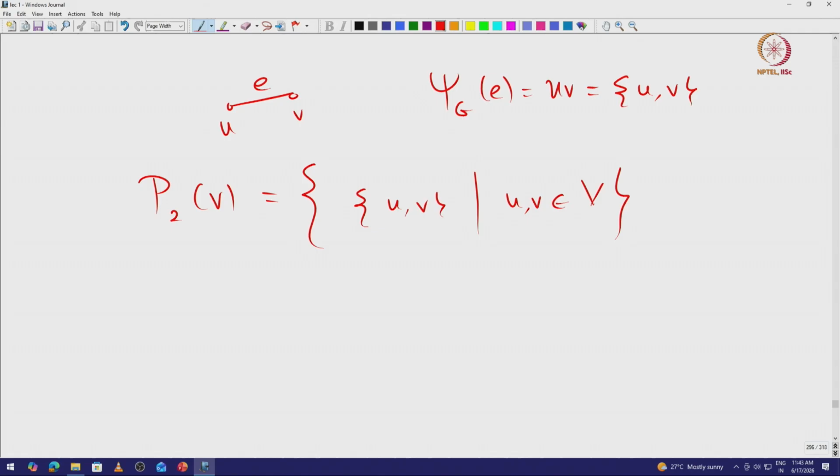In that case, we are considering the multiset u comma u, and indeed that corresponds to a loop in the graph. Okay. So, there is no restriction on this; it could be a multiset like u comma u. This is the convention.